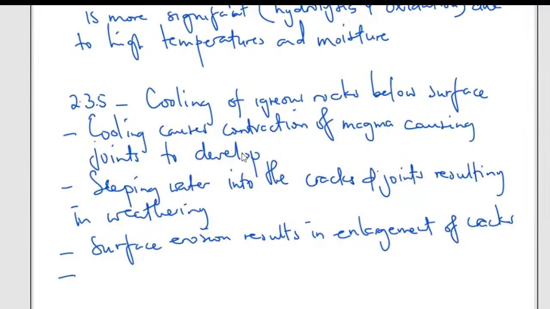When there's surface erosion, the material that has been weathered is now being removed, and hence it is widening the joints and the cracks. And also we look at the groundwater now. How does groundwater play a role? Groundwater dissolves minerals in the rocks underground.